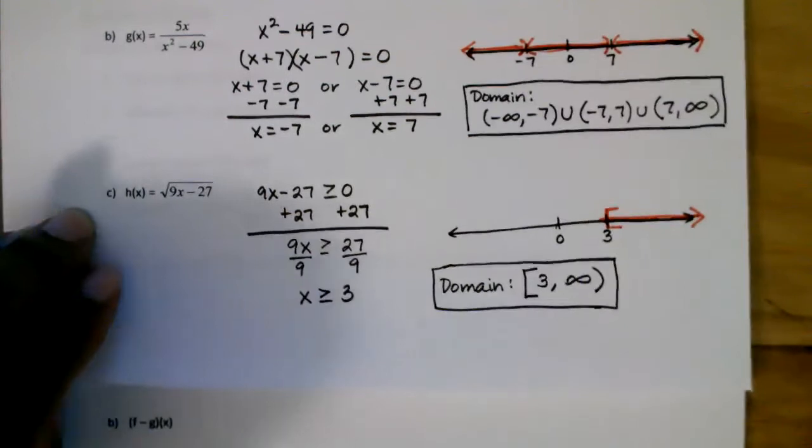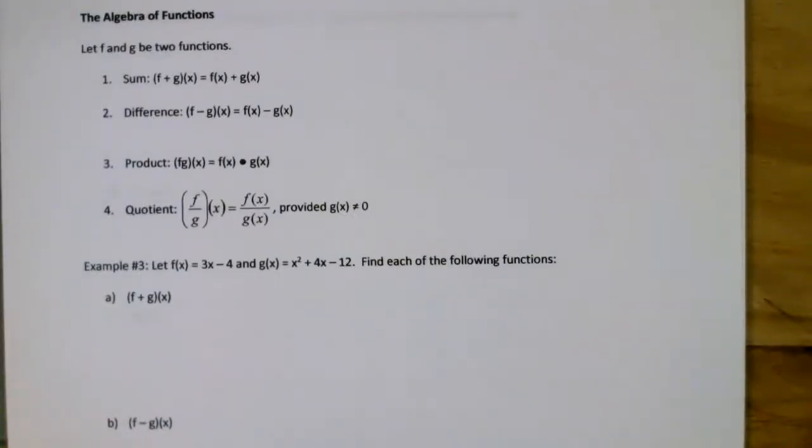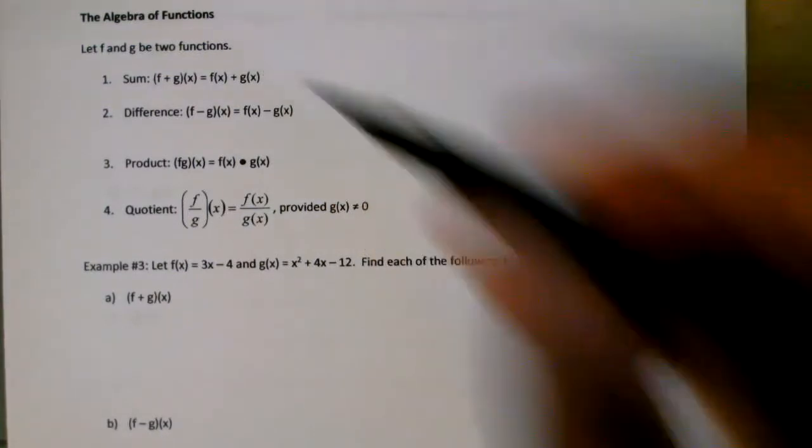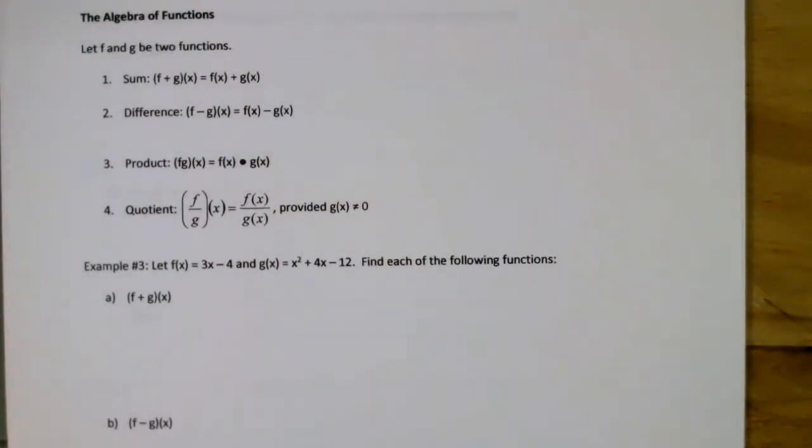Okay, next we'll look at the algebra of functions. That's the sum, the difference, the product, and the quotient of two functions, f of x and g of x. So here we're going to let f and g be two functions. Now the sum, which is f plus g of x, is going to be the same as f of x plus g of x.